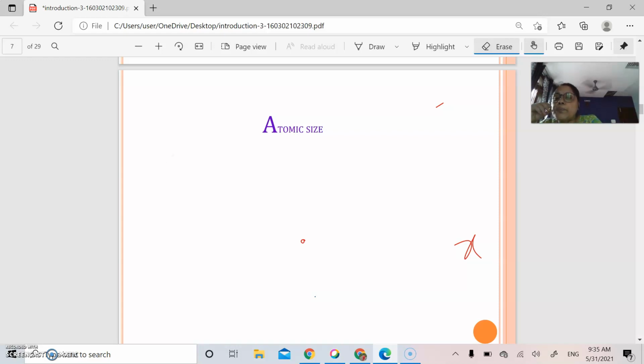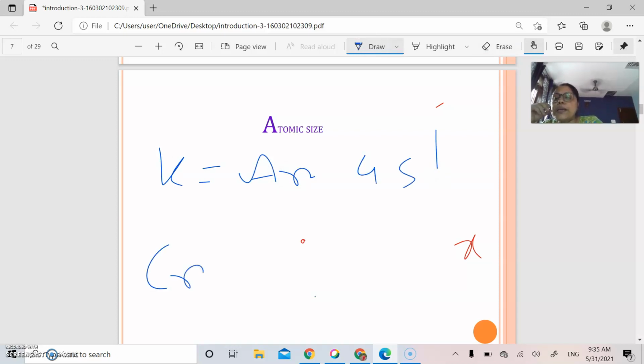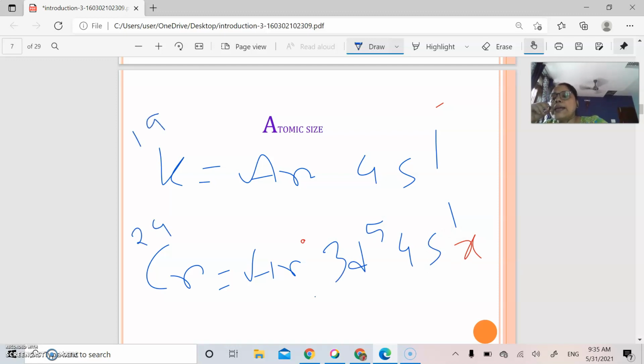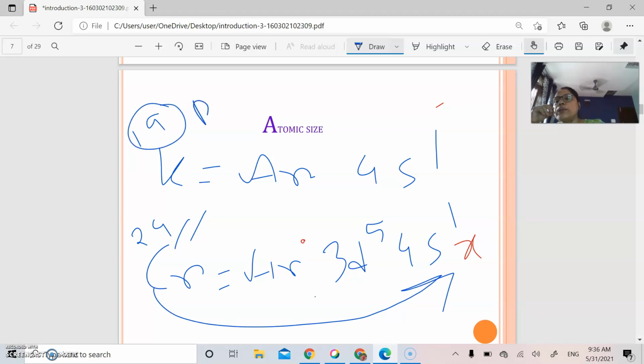If we go for potassium, which has a configuration argon 4s1, and if we go for chromium, which has a configuration argon 3d5 4s1, then with 24 electrons and 24 protons in chromium, the higher nuclear charge will have a stronger attractive force for the outermost electron than the 19 protons in potassium for the 4s electron.